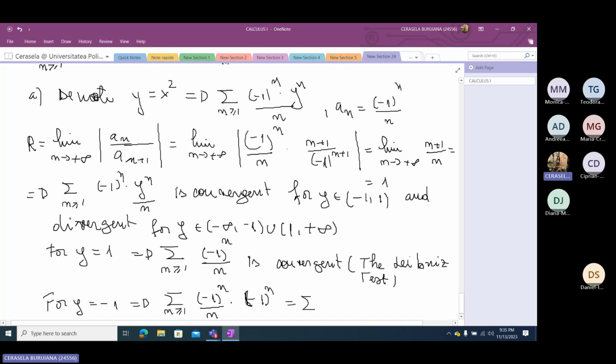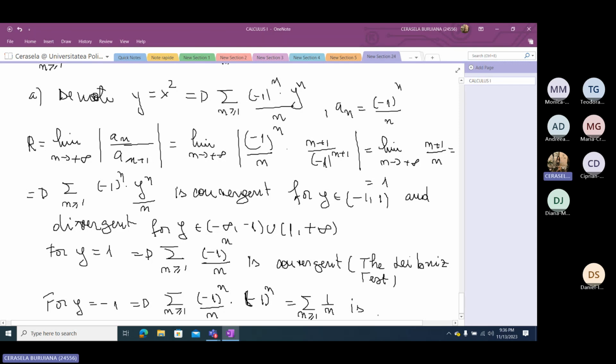Well, if we look, it will be exactly 1 over n, because at the numerator we get -1 power 2n, which is always 1. So the series we get in this situation is the series of general term 1 over n. What do we have here? We know it's always convergent.